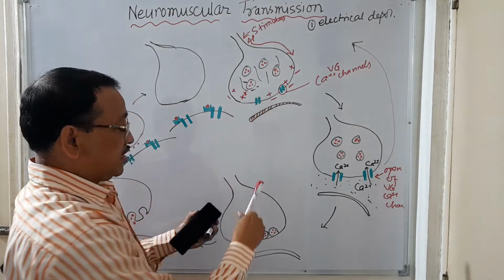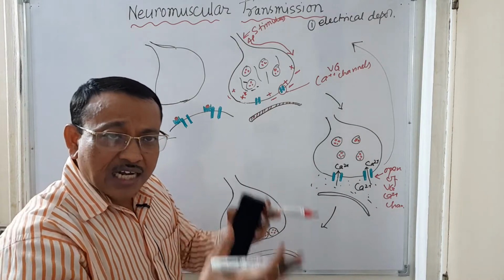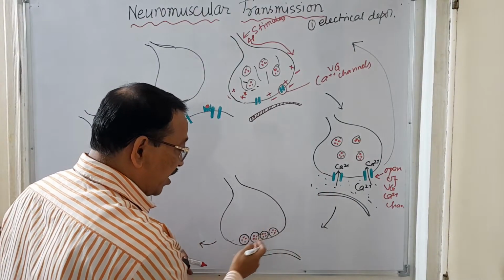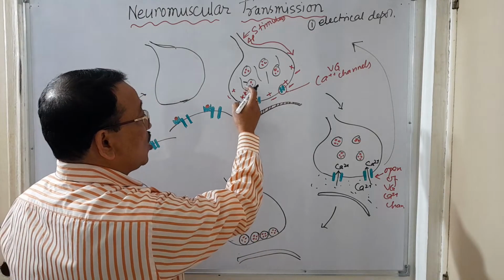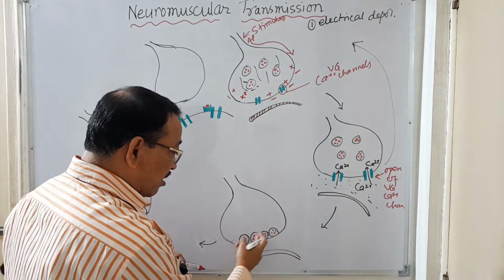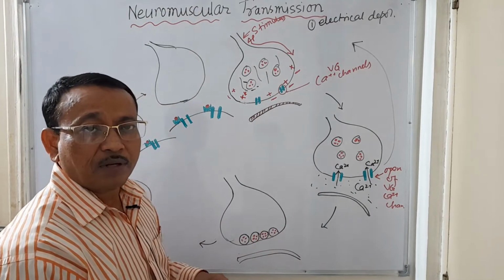As the opposite charges are there, synaptic vesicles will now be attracted towards the inner aspect of the presynaptic membrane.